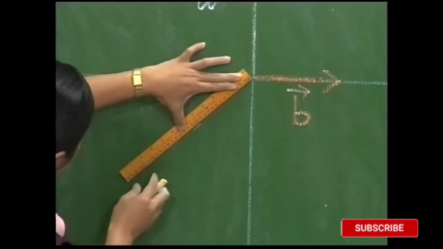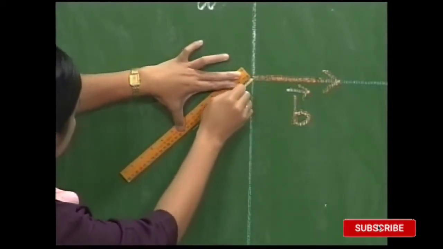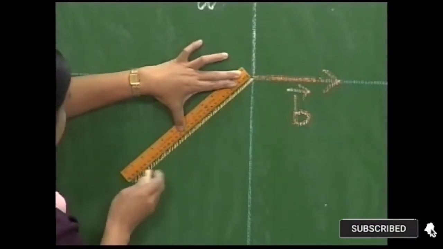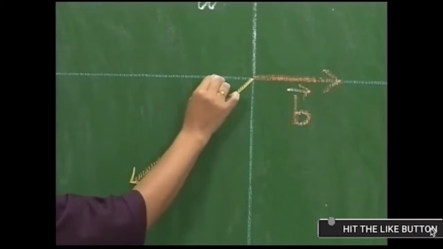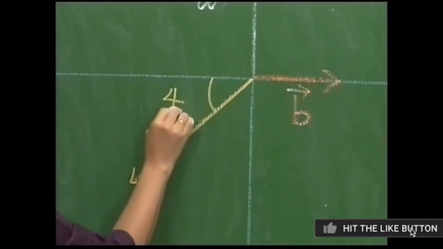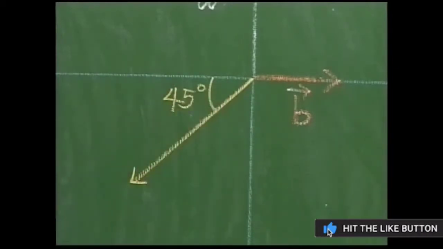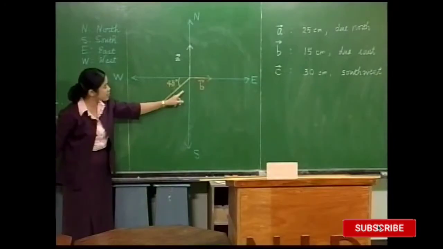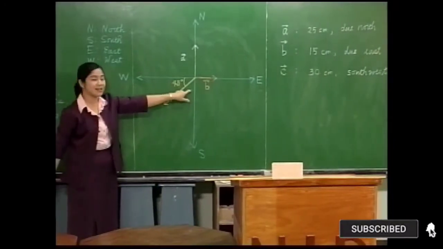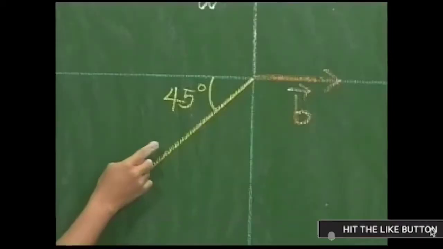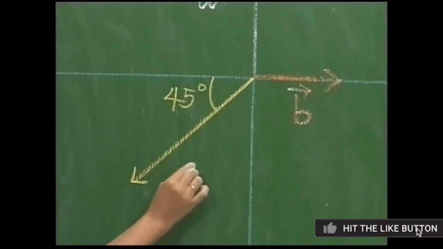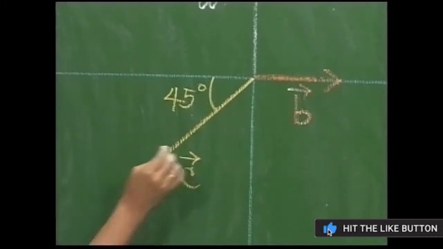So I measure, this should be 45 degrees. And from your activity, you should be able to answer what would be this angle. But if this is 45 degrees, then the length is 30 centimeters, and this is my vector C.